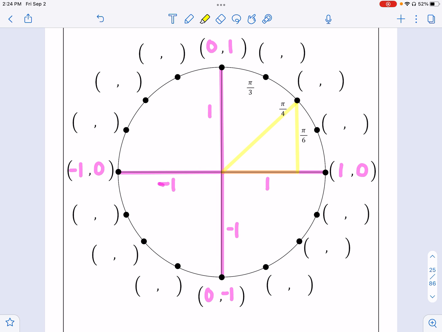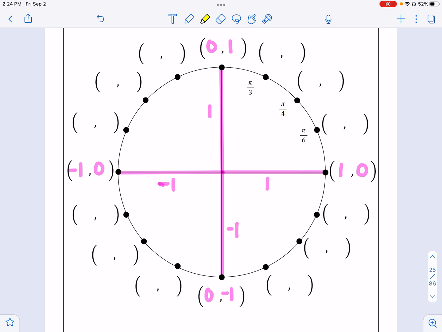So when we start thinking about things around a unit circle, we know that this length here has to be equivalent to this length here. And that is also true in the other quadrants. That makes pi over 4, 3 pi over 4, 5 pi over 4, and 7 pi over 4 really nice values. And you may have already realized that just from the triangle trig that you have done.